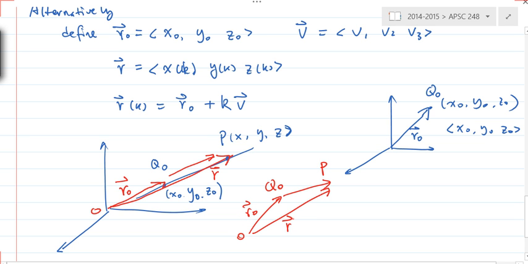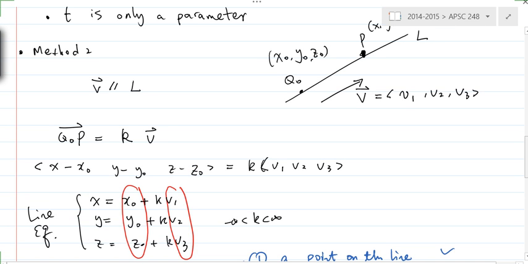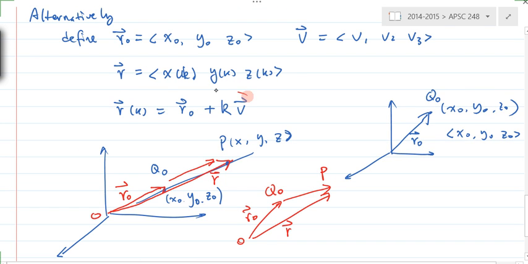So from your linear algebra, what does R equal to? R equals R naught plus what? Q naught P, right? Did you see where that's from?